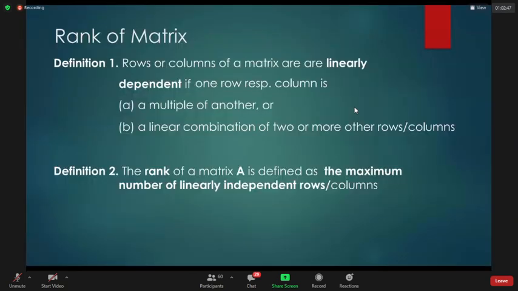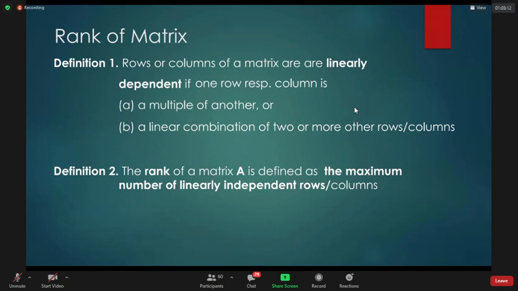So we are down to the idea of rank of matrix. First of all, we have 2 definitions. Linear dependence, we already had it earlier with the determinant. Linear dependence means that one row could be expressed using numbers times other rows.